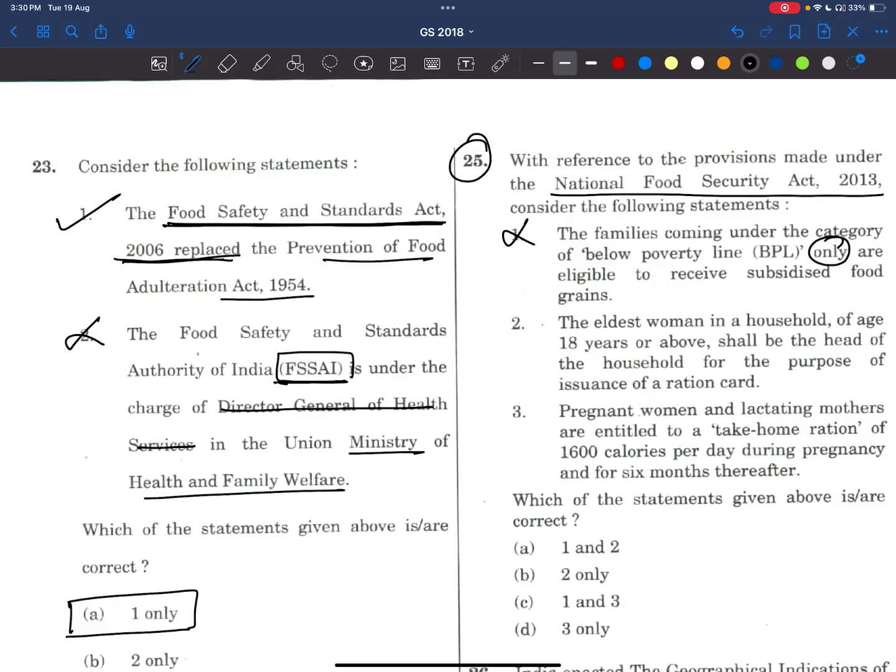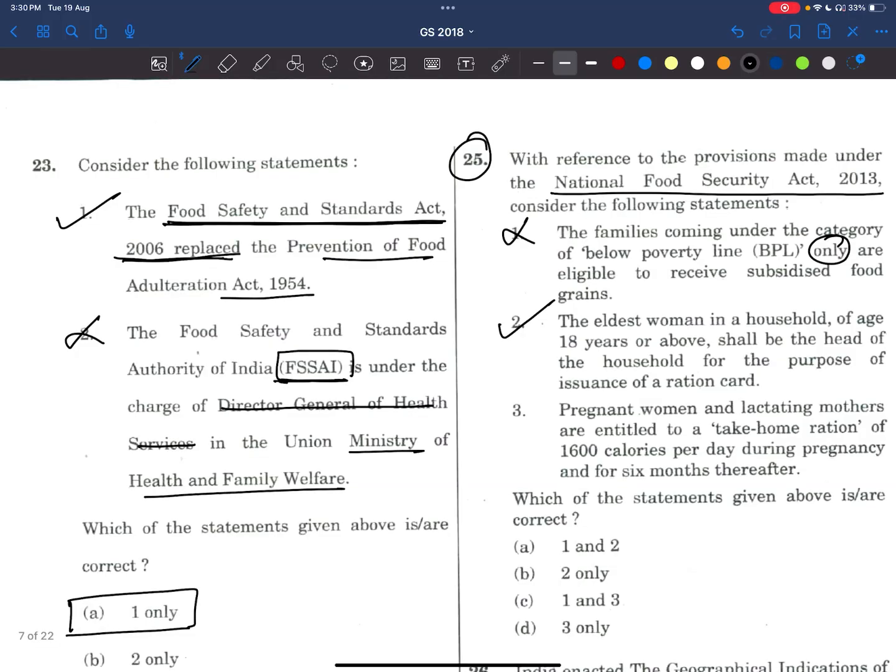The eldest woman in the household of age 18 years or above shall be the head of the household for the purpose of issuance of ration card. Yes, this statement is exactly true. We are giving due respect to women. It also improves the dignity of women in the family. Now, pregnant women and lactating mothers are entitled to take-home ration of 1600 calories per day during pregnancy and for 6 months thereafter.